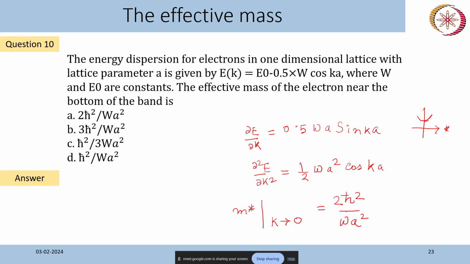So the answer is A. This is the effective mass for the given EK relation. I hope it is clear.